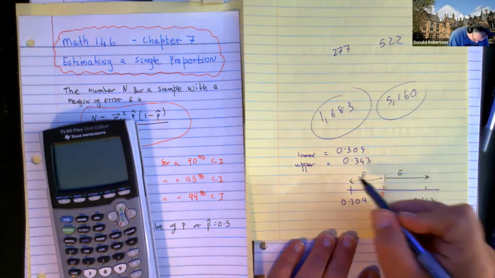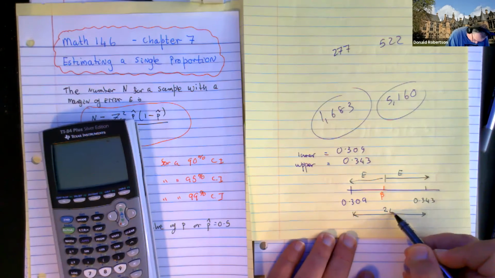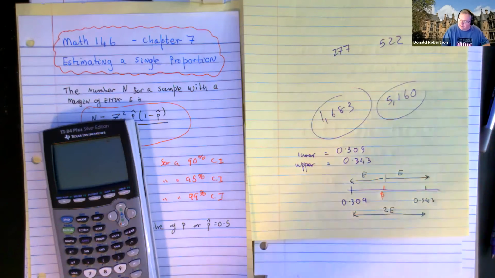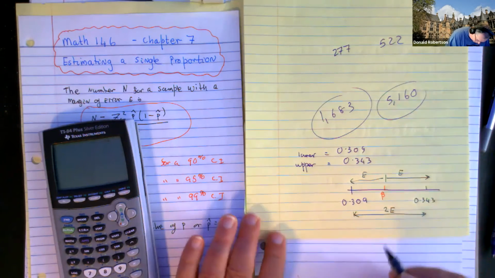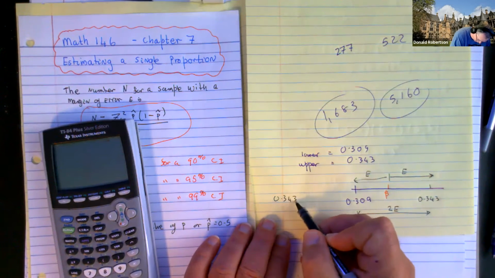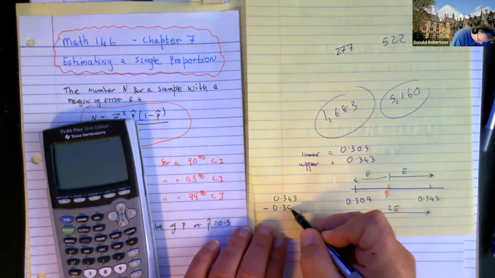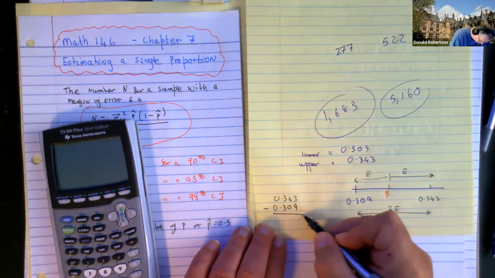So from here to here, isn't that two margins of error, right? From start to finish, one either side. So if I wanted to find out what number this is, couldn't I just take the upper limit, subtract the lower limit, which I'm now about to do?